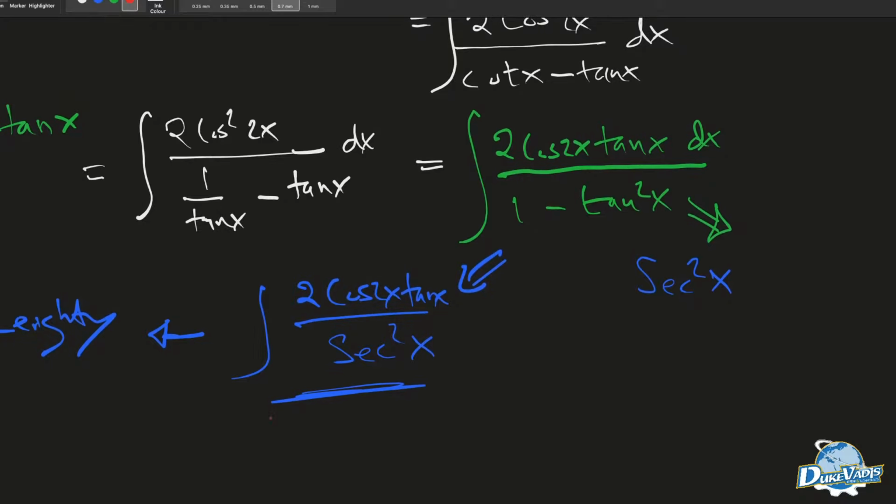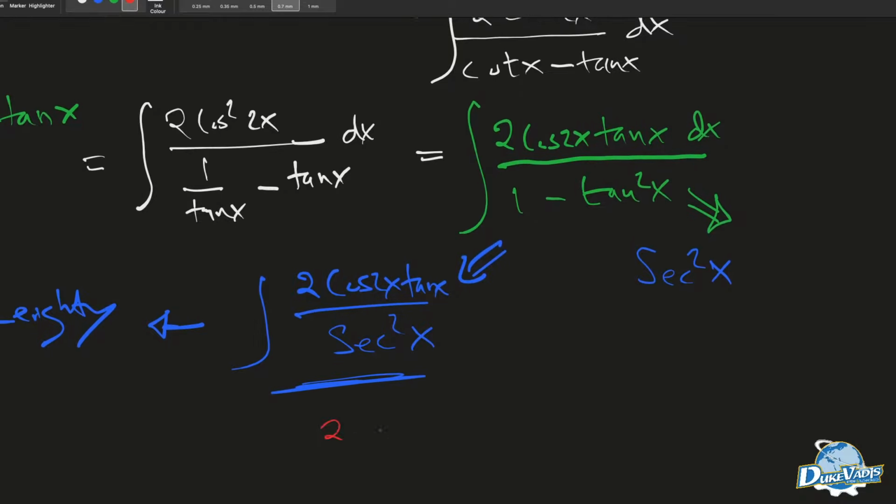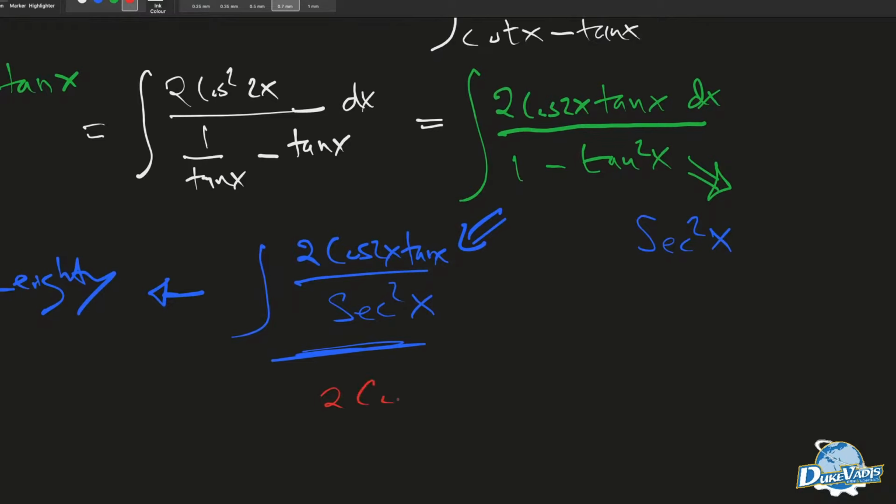Because definitely we know the question actually says the integral of 2 cos squared 2x dx all over sec squared x, cotangent x minus tan x.